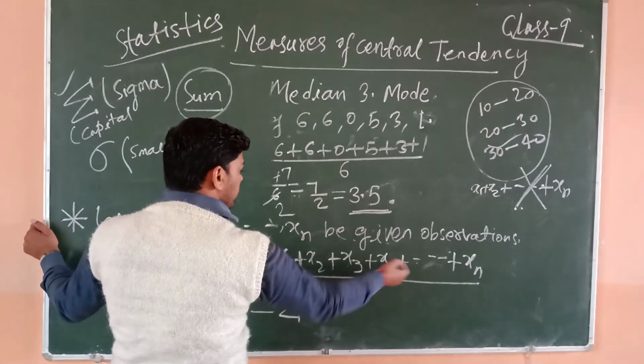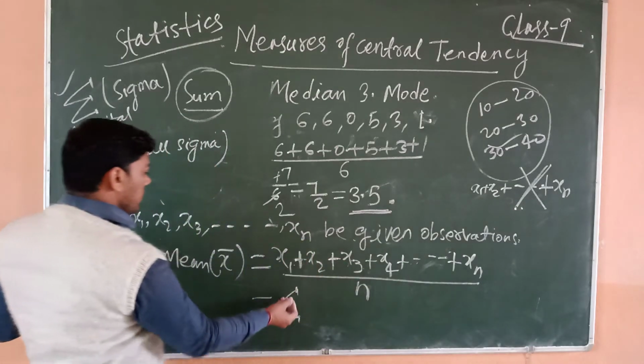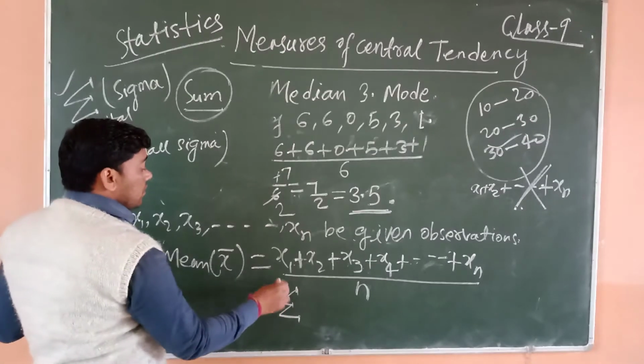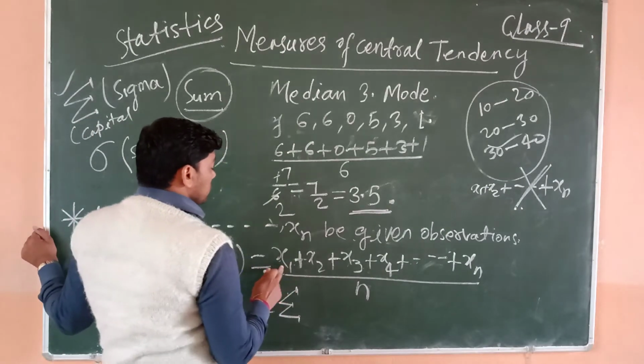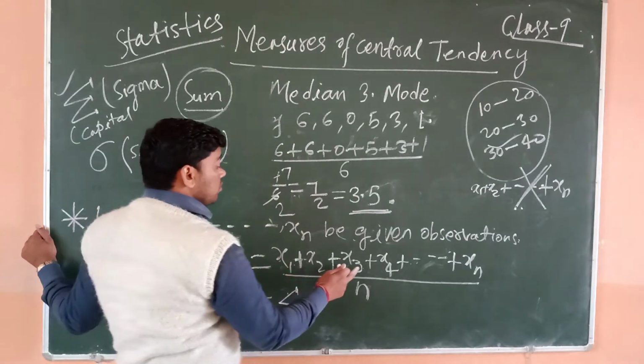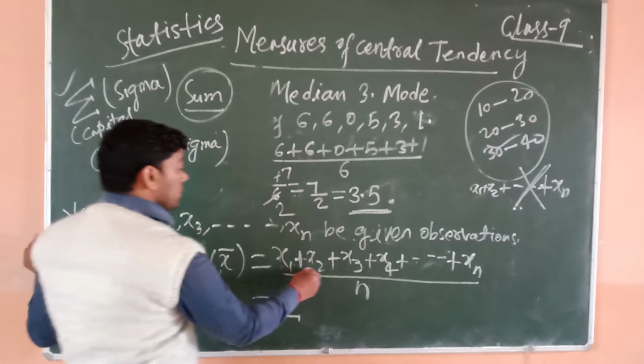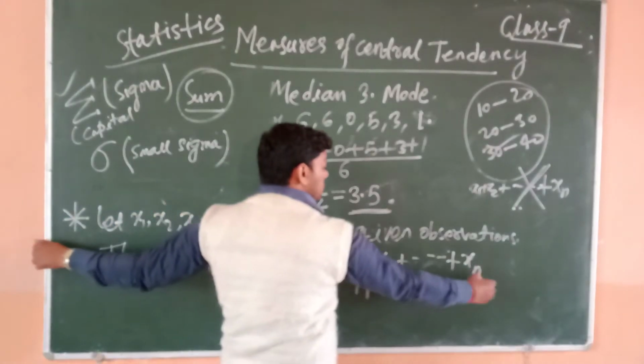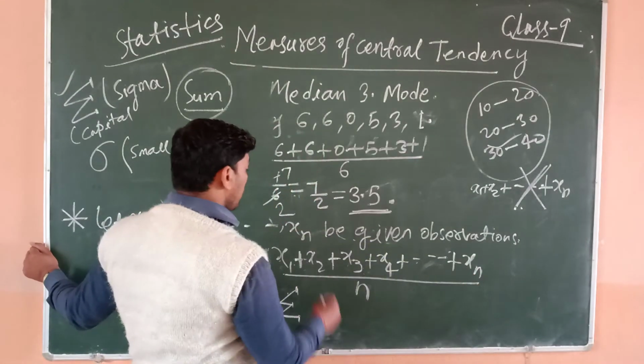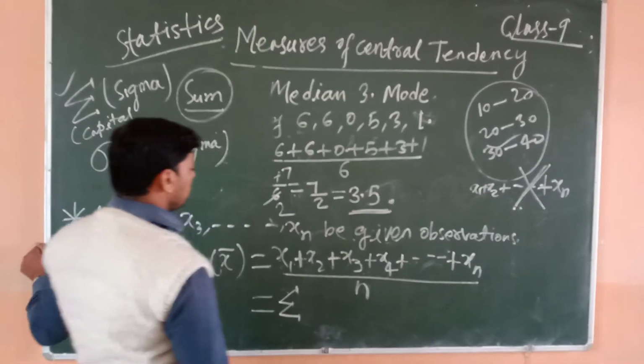So instead of plus, we write sigma, and x1, x2, x3, x4 dot to xn, with subscripts 1, 2, 3, 4 dot to n.